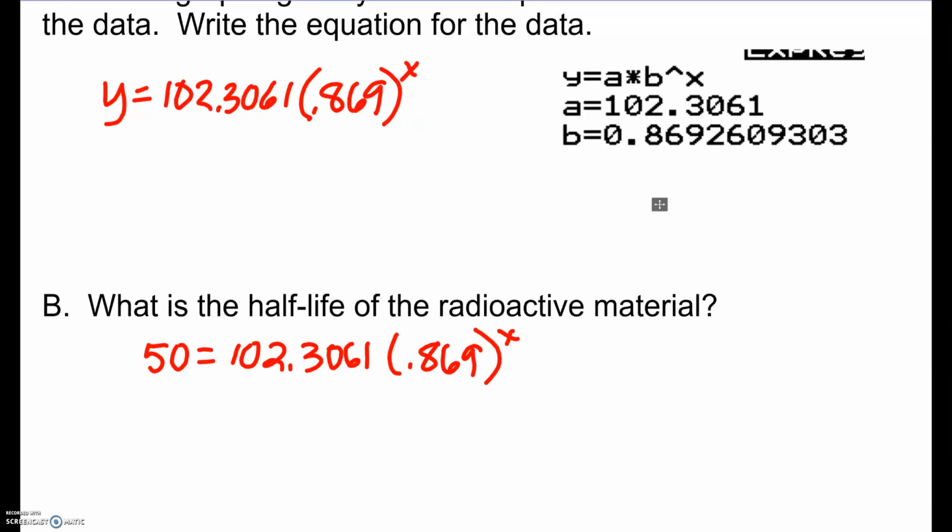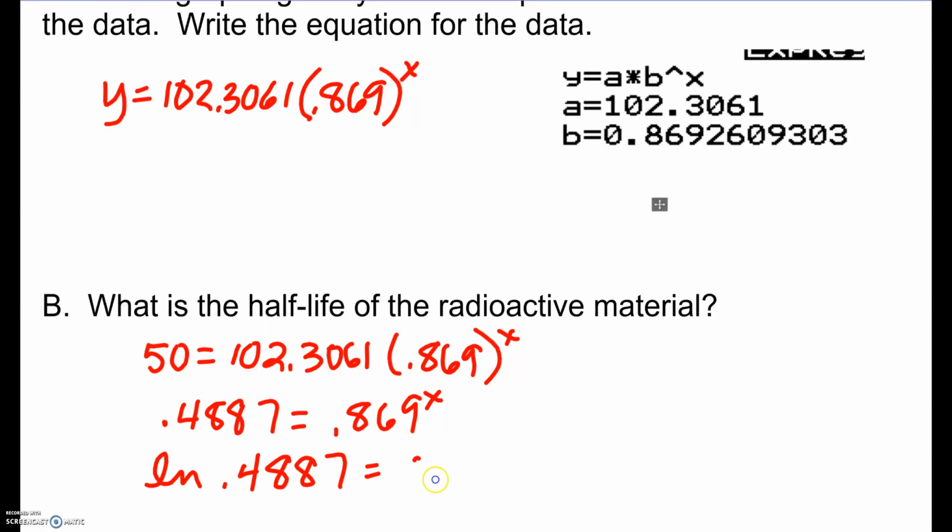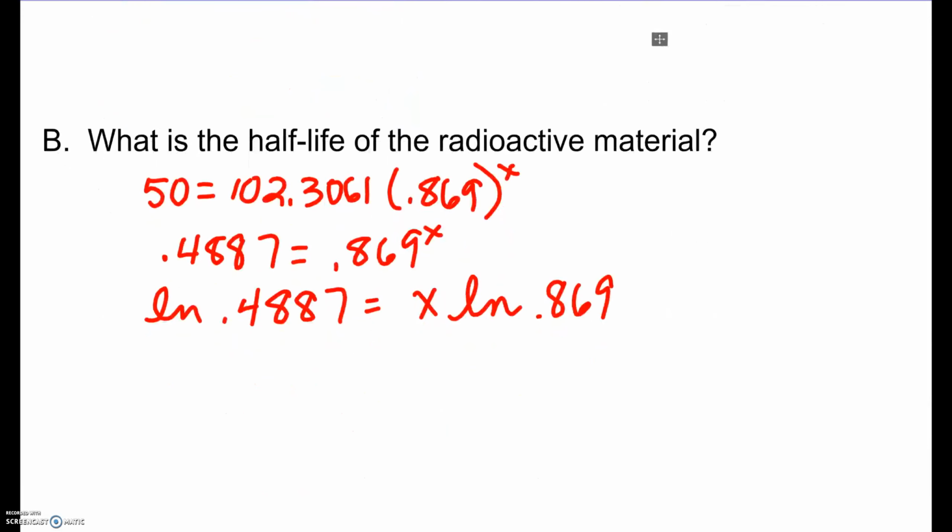And then we just solve this. Divide both sides by 102.3061. So if I take 50 divided by that, I get 0.4887 equals 0.869 to the x. Take the natural log of both sides. Remember, you can pull that x out in the front. That's the whole purpose of taking the natural log, so you can get the x out of the exponent.